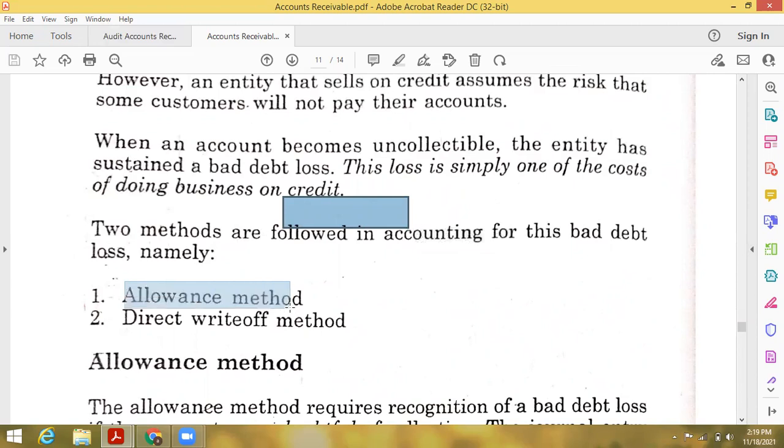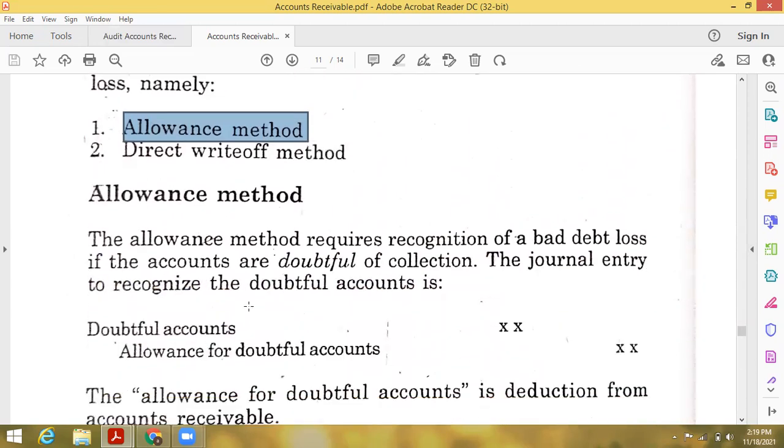We have allowance method, which is yung ginagamit natin ngayon. And we have direct write-off method. Sa allowance method, gagawa tayo ng isang account, which is allowance for doubtful account. Yung allowance for doubtful account na yan is deduction siya sa receivable.